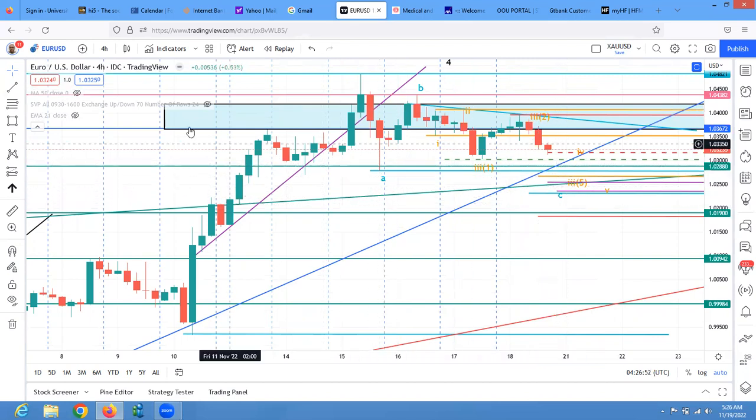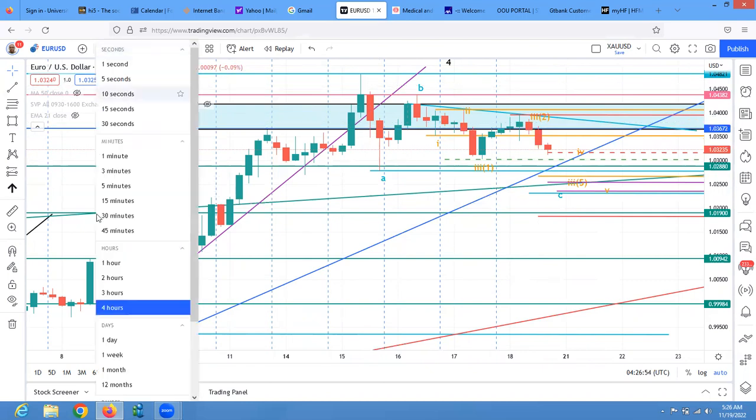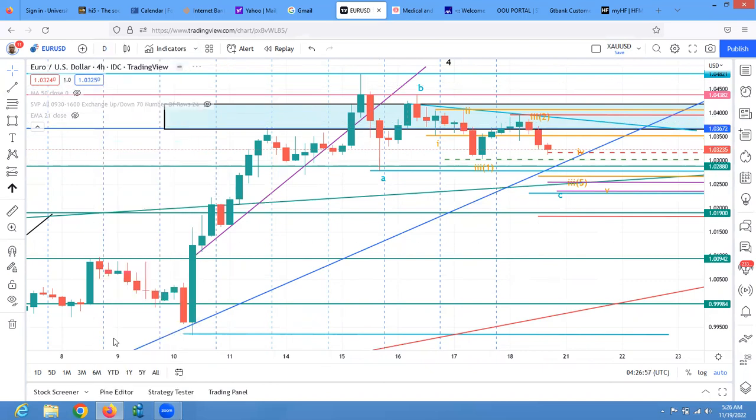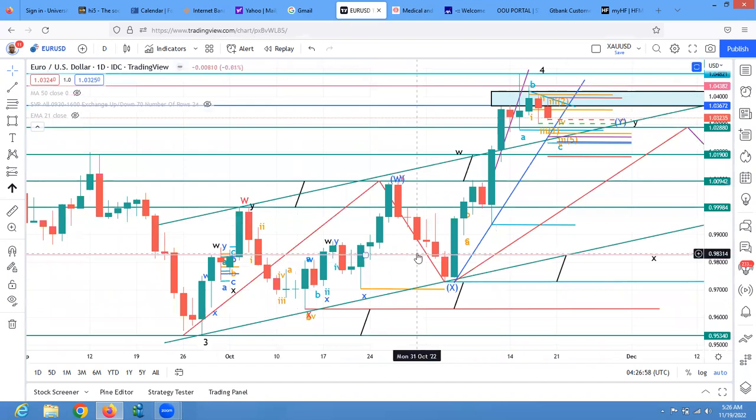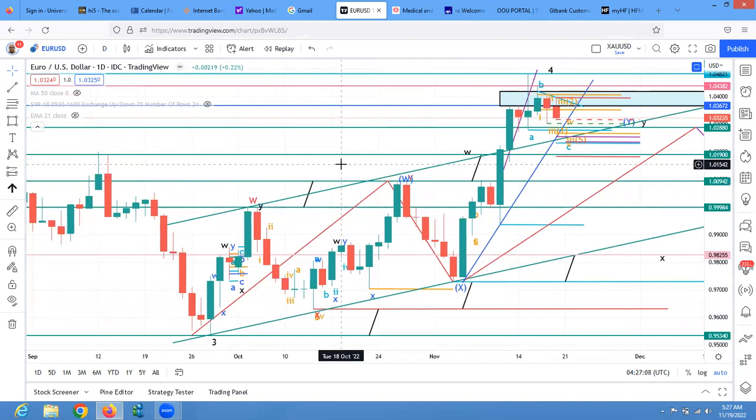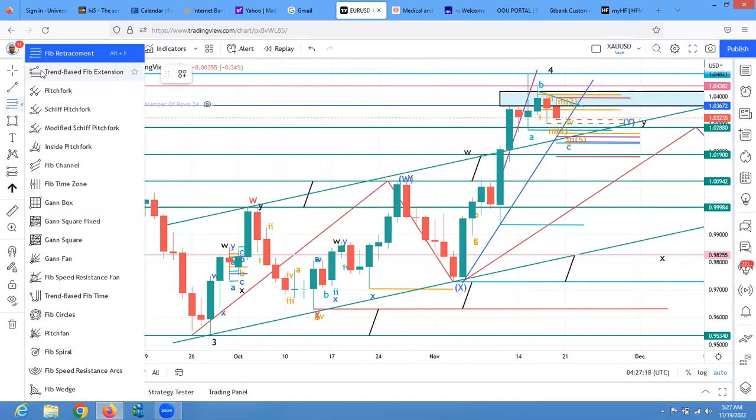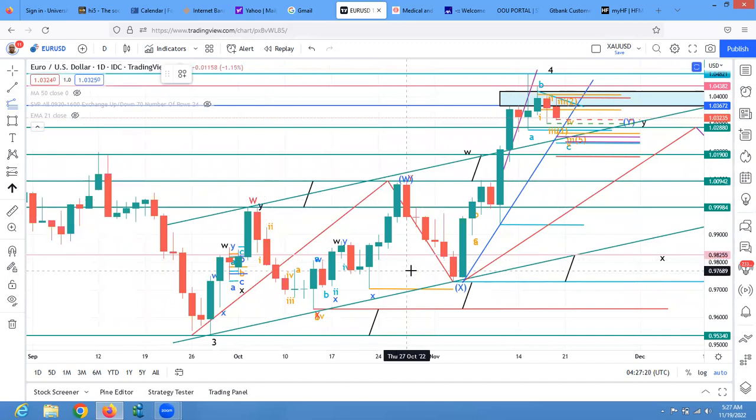Now, in terms of the bigger picture, because I'm going to round up very soon, what is possible in terms of the bigger picture? It's very tricky here. We are seeing that this wave, and for the correction, we don't want to see this one go beyond something.